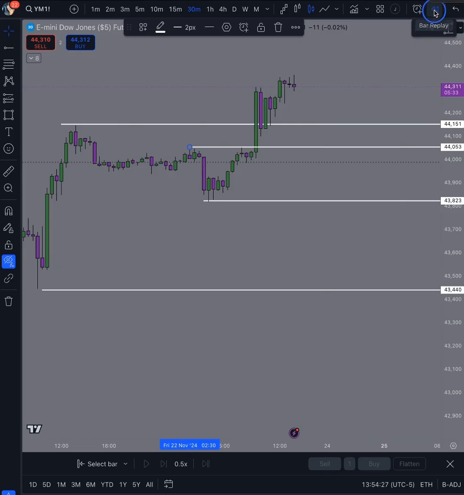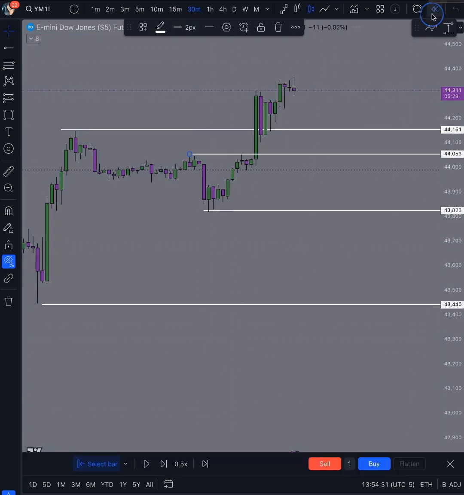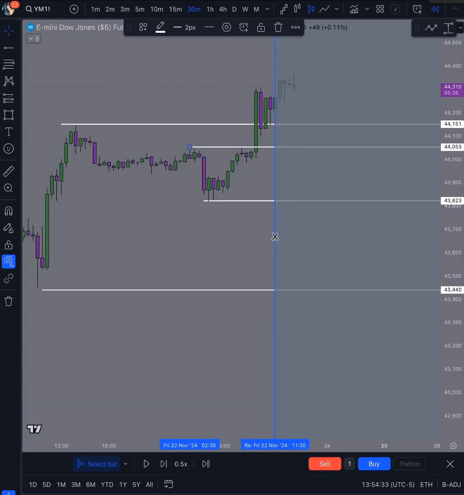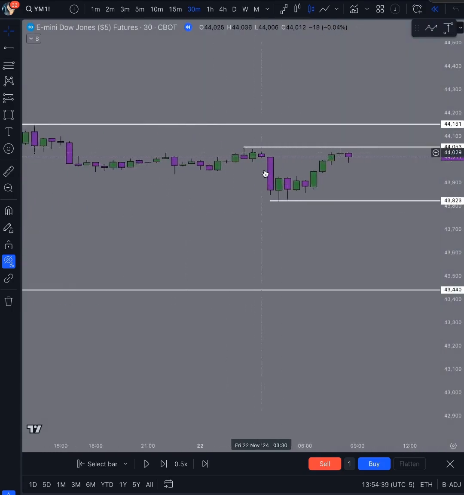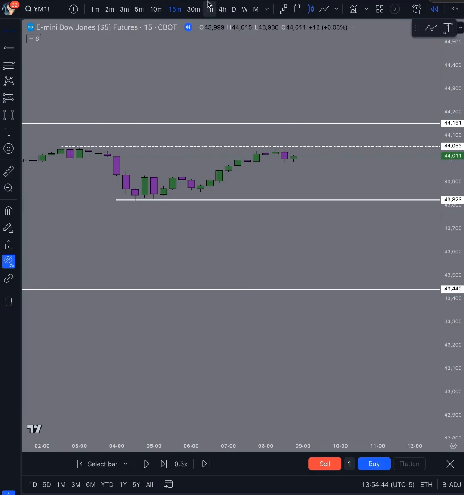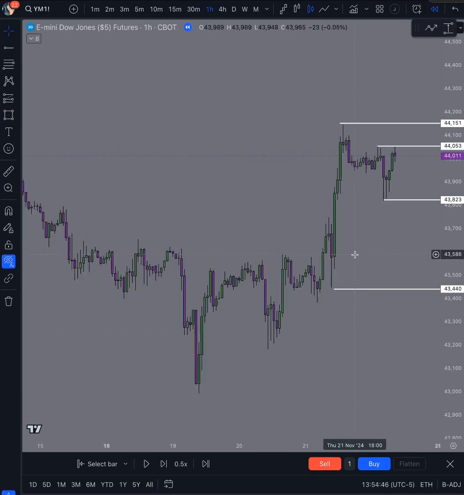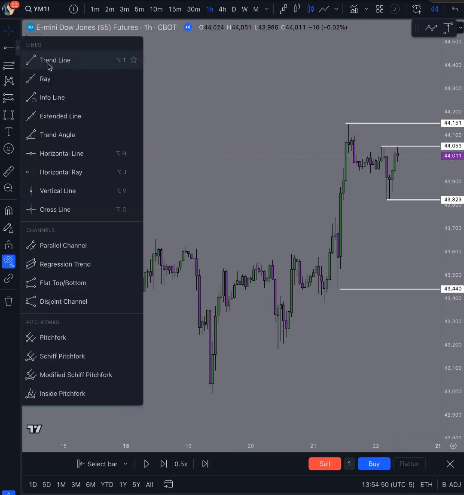If I go back and I go to the 9 a.m. candle, that's a 30-minute time frame. Go to the 15. First, you're going to see if there's any major trends that you're looking at. You definitely have this trend coming up perfectly.